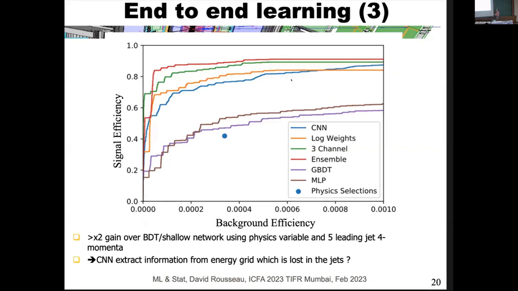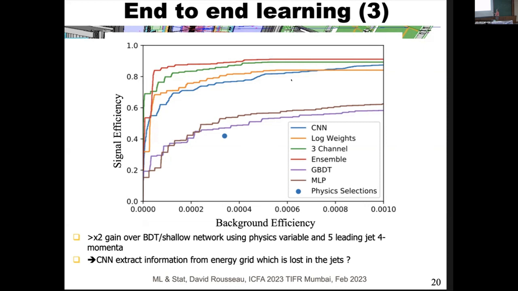And what can be shown is that the CNN is not doing as well as what you have when using directly the jets, but is already doing pretty well. And if you use the CNN together with the jet, electron, muon information, this is the red curve.